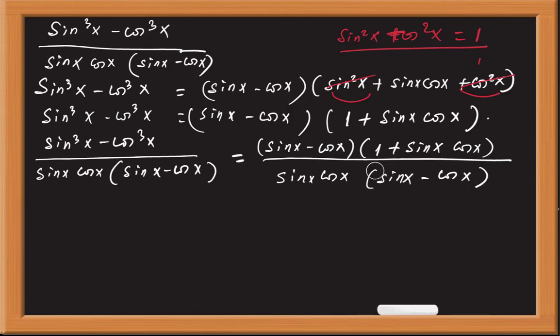So we can simplify sine x minus cosine x here. Now we are left with the small quantity.